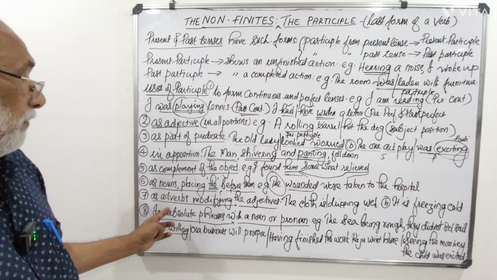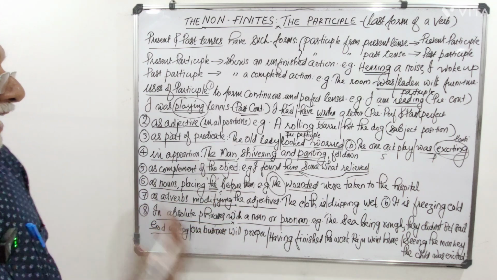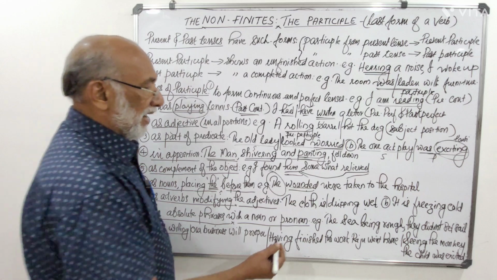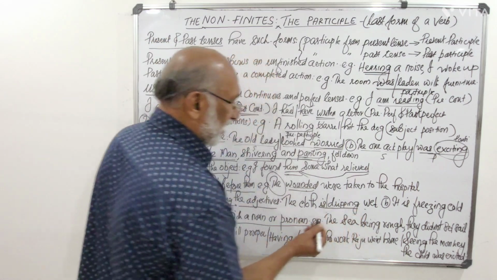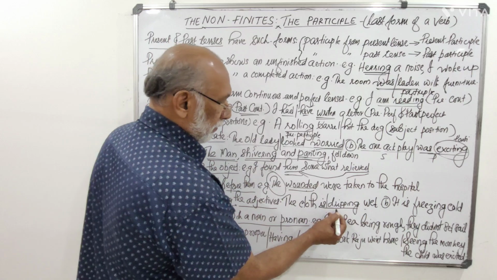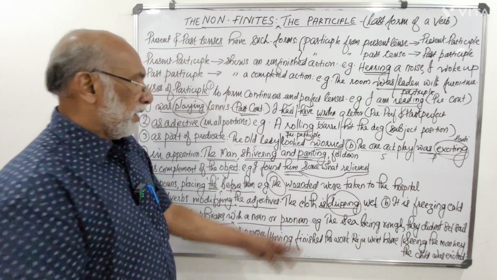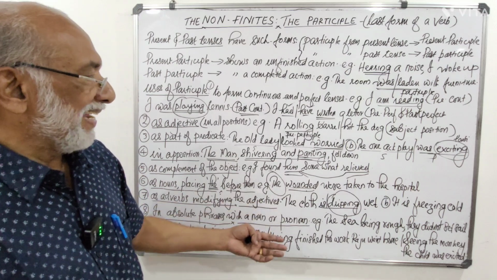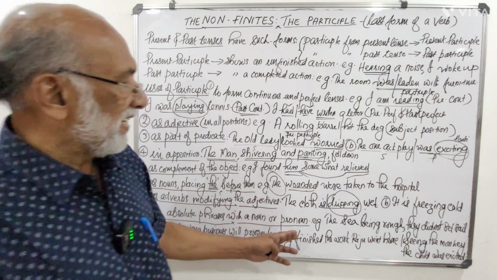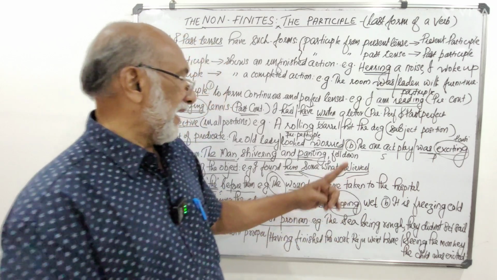Then seventh one, as adverbs modifying the adjectives. That means a participle can be used as an adverb modifying the adjective. Here the cloth is dripping. It is present continuous. The participle dripping is used to form the present continuous tense, and in this sentence, see, it functions like an adverb.